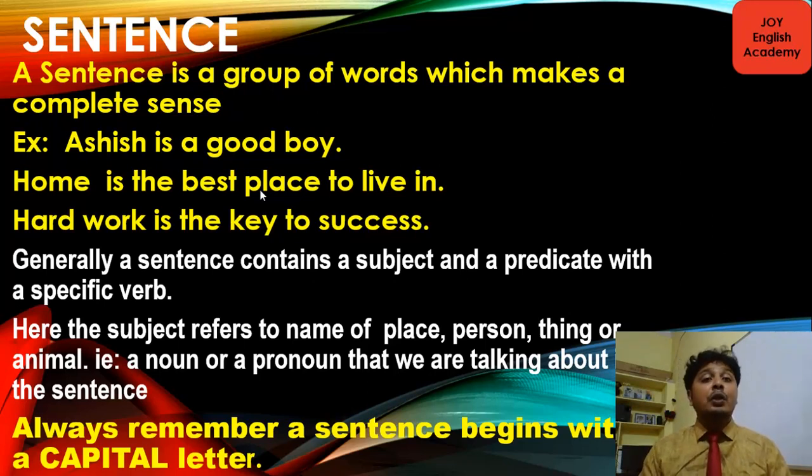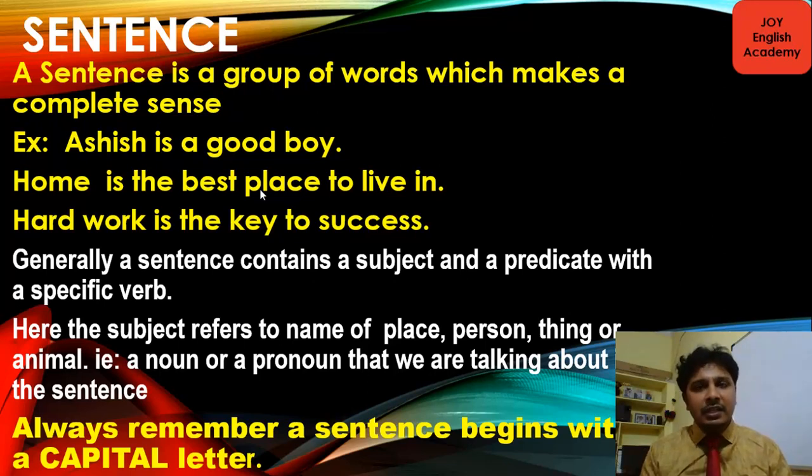Now, when we talk about subject, what is subject? Here the subject refers to the name of a place, a person, a thing, or an animal. To be very precise, a subject refers to a noun or a pronoun that we are talking about in the sentence. And always remember that a sentence begins with a capital letter.